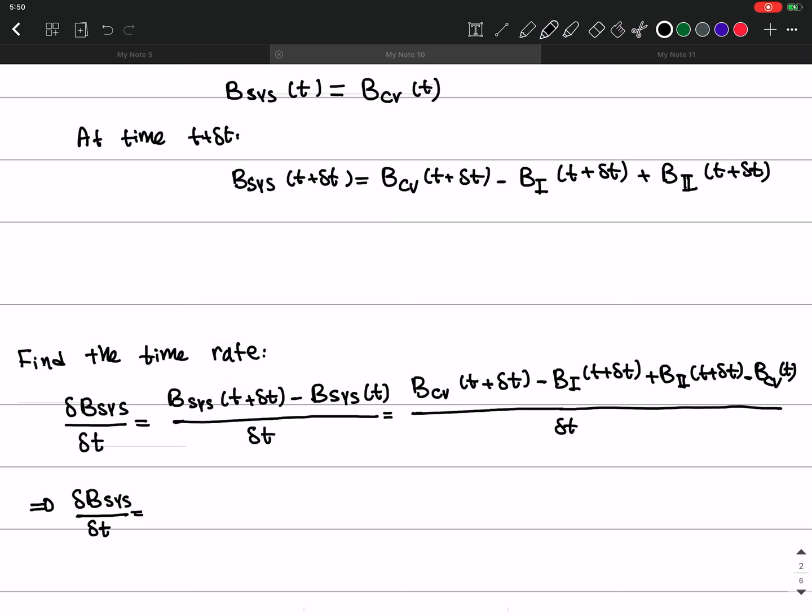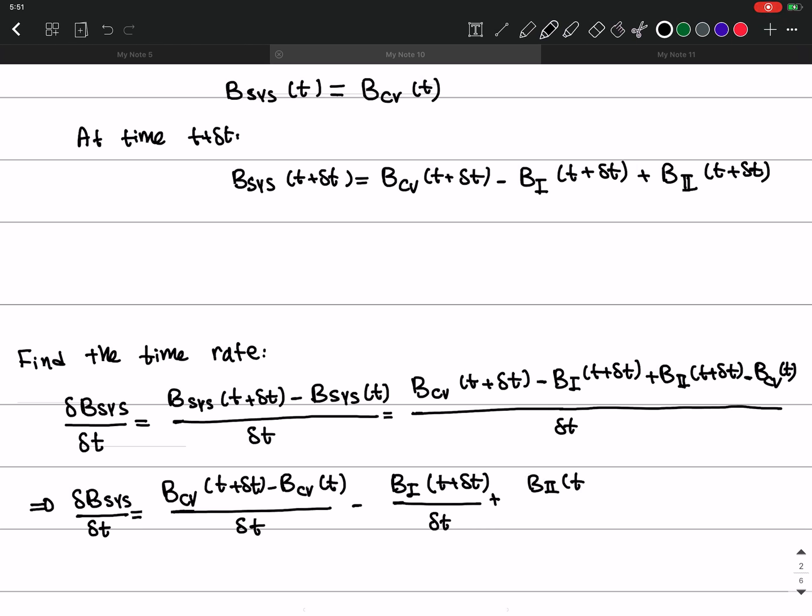The first one is (B_CV at t plus delta t minus B_CV at time t) over delta t, minus (B1 at t plus delta t over delta t) plus (B2 at t plus delta t over delta t).